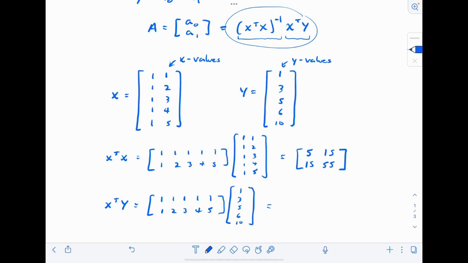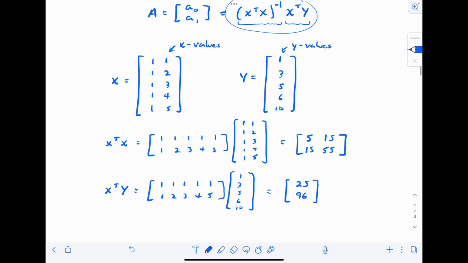In this case, we're just going to have a 2 by 1 matrix. So we'll have 1 plus 3 plus 5 plus 6 plus 10, which is 25, and then 1 plus 6 plus 15 plus 24 plus 50, which is 96.